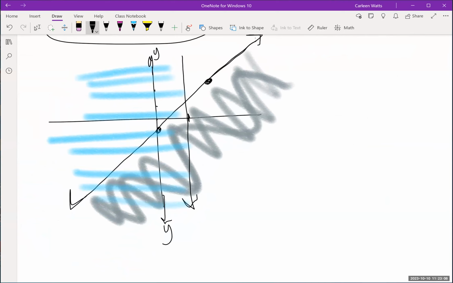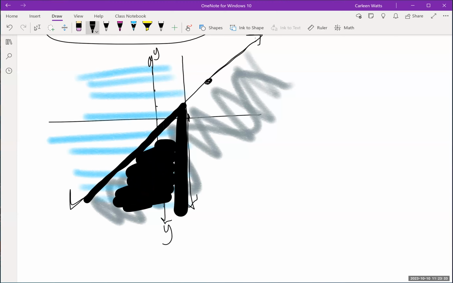What represents the answer? Because we have to shade up a specific way. What am I shading? Can you see it right here? It's where they overlap. There's the answer right there. Yeah, it's where they overlap.